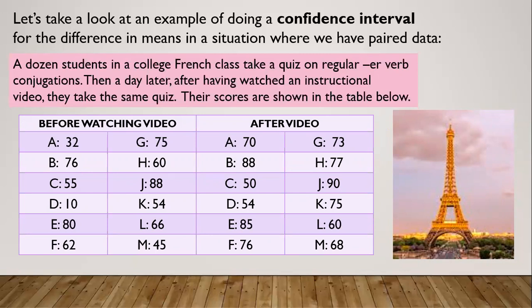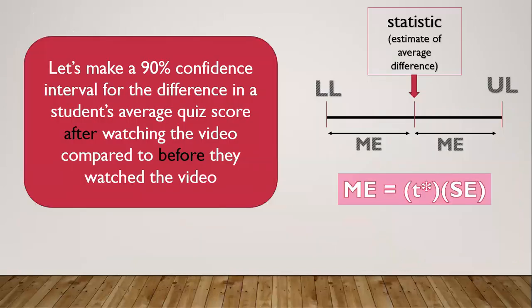And let's suppose we want to create a confidence interval involving the difference in the average scores of the students in the entire class. Based off of this sample of 12 students, let's make a 90% confidence interval for the difference in average quiz score after the video compared to before the video. Now we're going to create this using our standard approach.